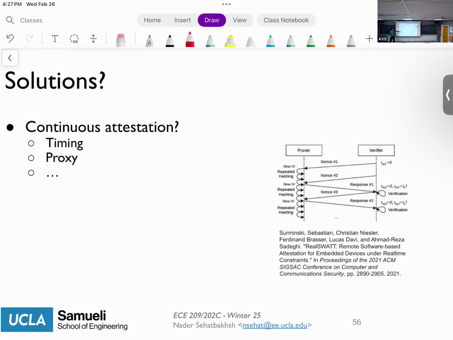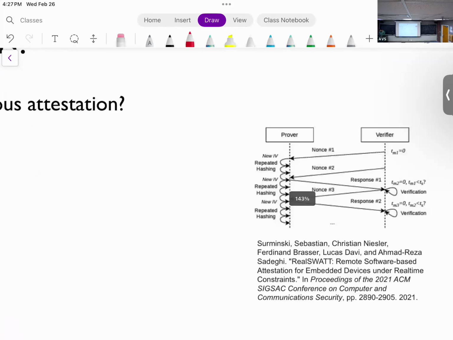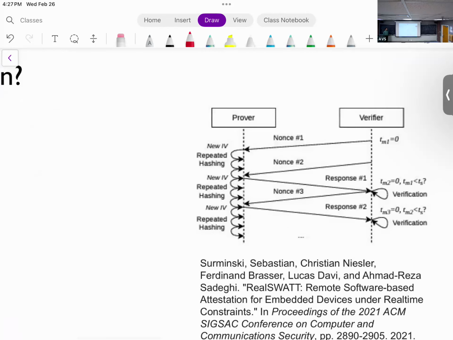So this paper is talking about what we call continuous attestation, where the idea is that we do the attestation one time, then we send another nonce and another nonce and another nonce, such that the adversary cannot really use any time during this process to send the request somewhere else.